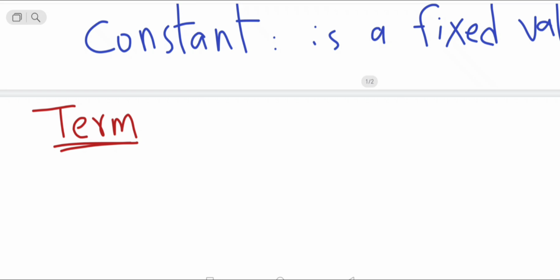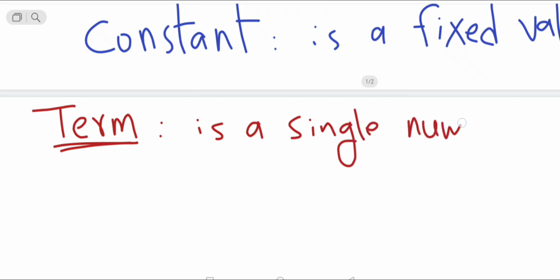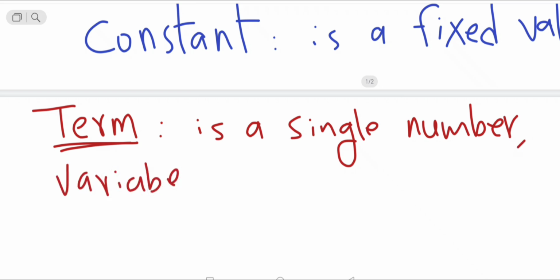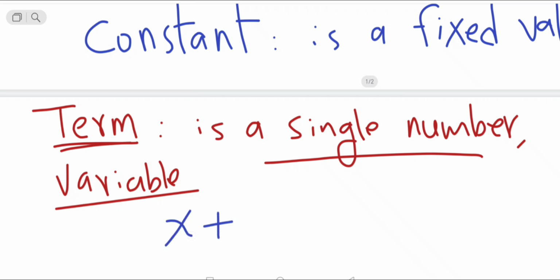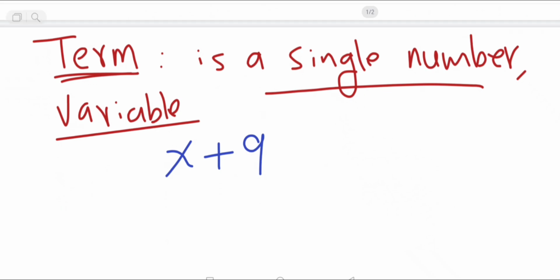What is a term? A term is a single number or a variable. For example, x plus 9. Here two terms are being added to each other.